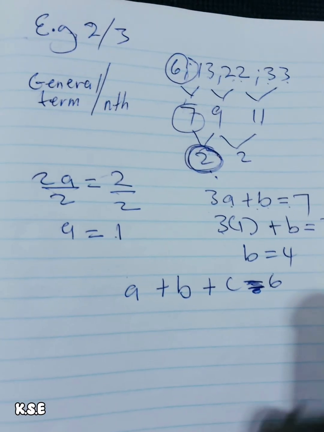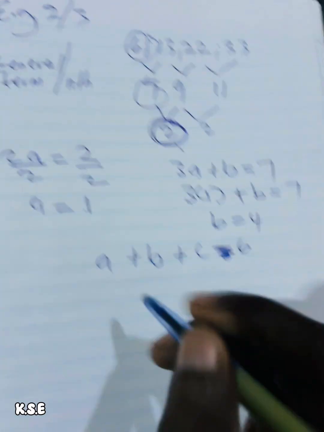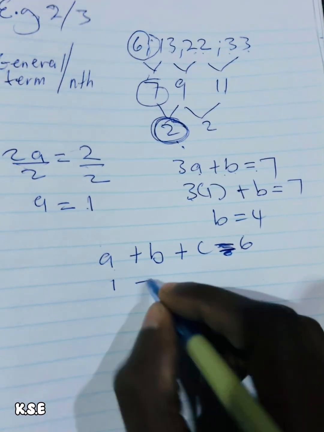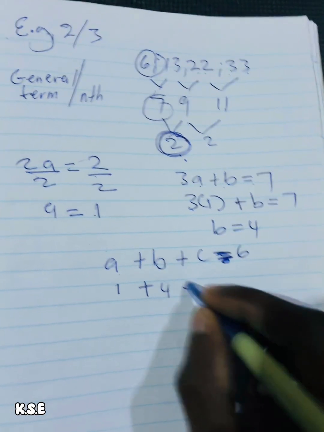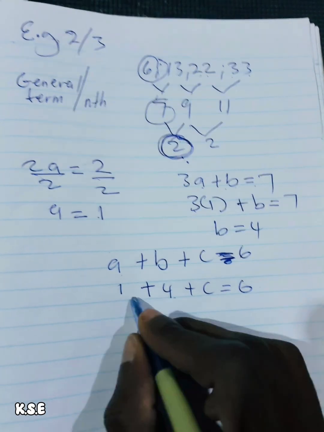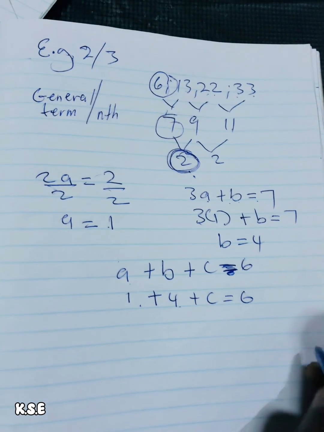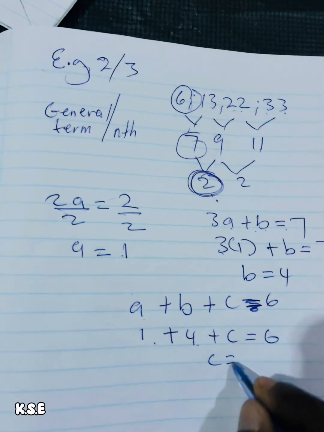So what do we get on a? We got 1, plus we got 4 on b, plus c equal to 6. This plus this is going to give us 5. Transpose to the other side, we're going to get c is equal to 1.